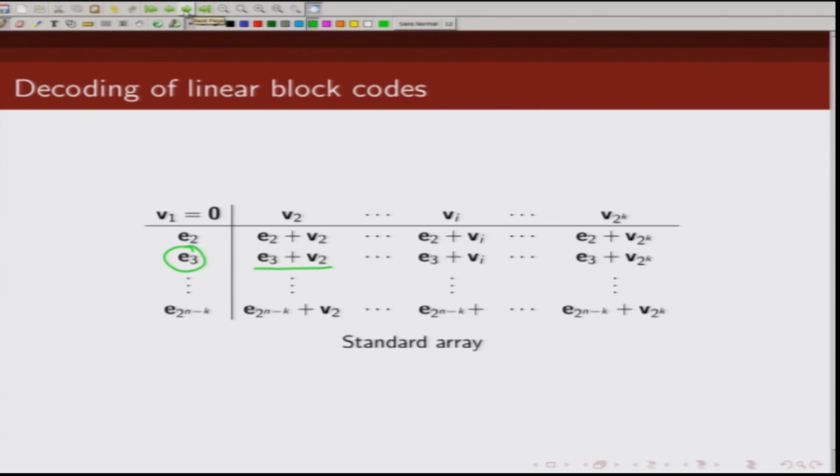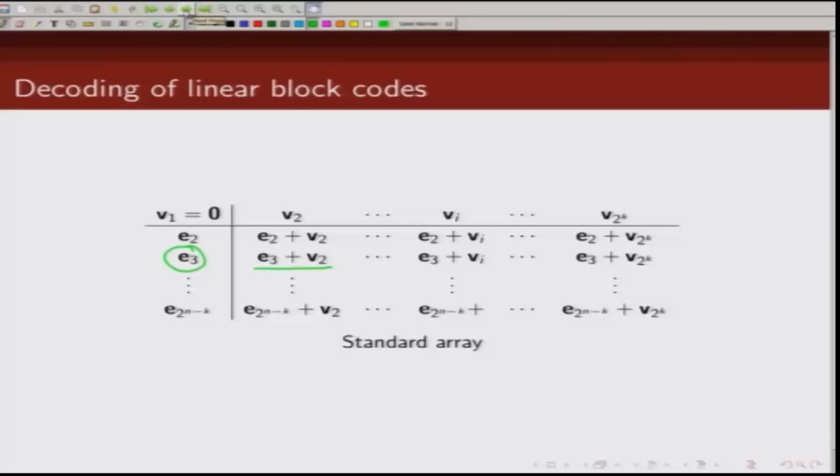Again I just recap how we are constructing the standard array. The first row of this array is set of code words V1 to V2 raised to power k and the leftmost entry here is all 0 code word.